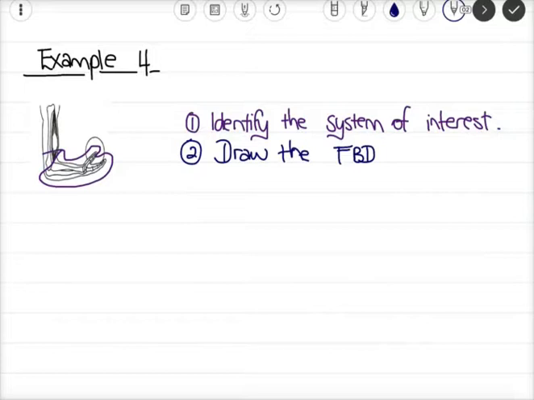So I'll just draw the free body diagram here. So we have the forearm, we have our non-contact force being the weight of the arm, and the question tells us that the weight of the arm is 20 newtons, so about 2 kilograms. So we can leave it like that for the moment.